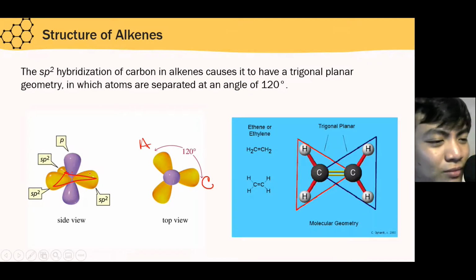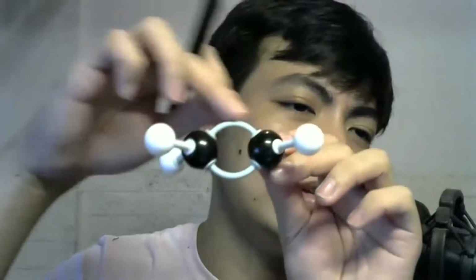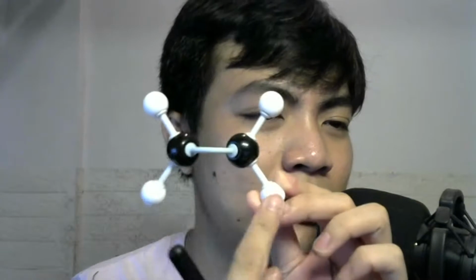So let me show you my molecular model for this one. So this is your ethene. Okay, so this is your ethene. And as you can see, you have your double bond here. One is the sigma bond, the other is the pi bond. Okay. So as you can see here, this carbon is connected to three different atoms. So one, two, three. And this one is also connected to three different atoms. So one, two, three.